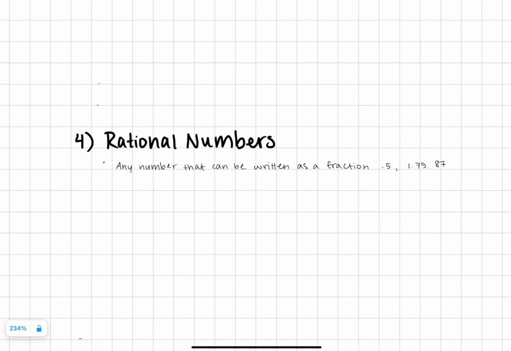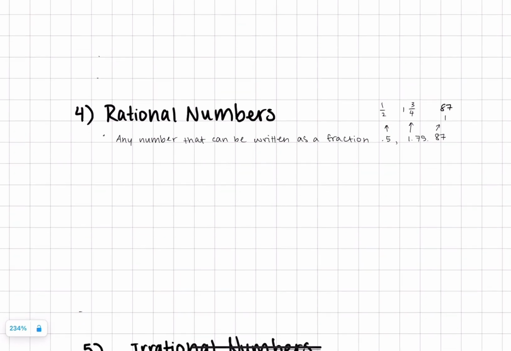So just recall that the number 87 does not have any decimal places but can be written as 87 over 1. The number 1.75 can be written as 1 and 3/4. This 0.5 can be written as 1 over 2.